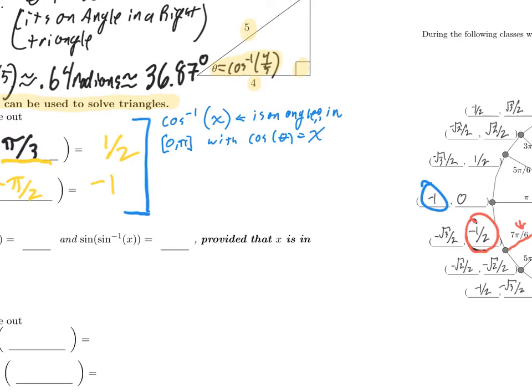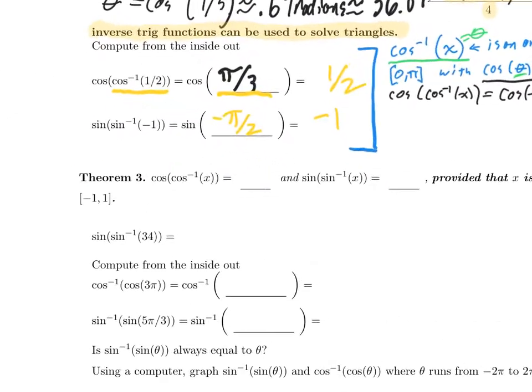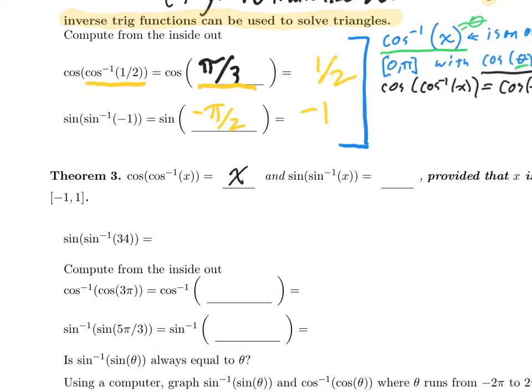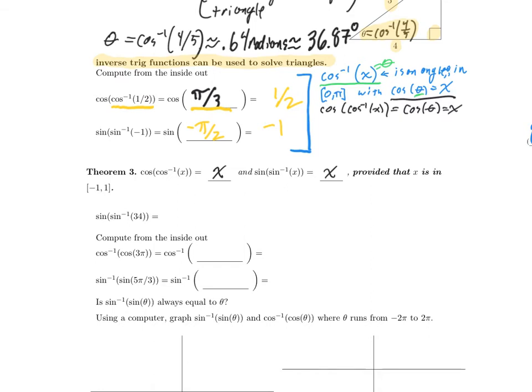So this thing is the angle theta. So the cosine of the inverse cosine of x is the cosine of this angle theta, but I know what cosine of theta is. It's x. In fact, in general, cosine of cosine inverse of x is always equal to x, and the sine of sine inverse of x is always equal to x, with one important condition, provided that x happens to be in -1 to 1.